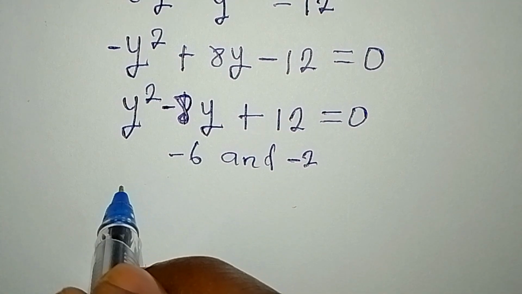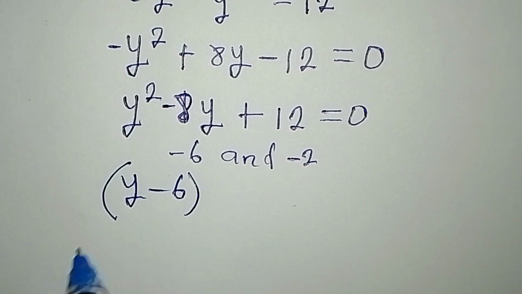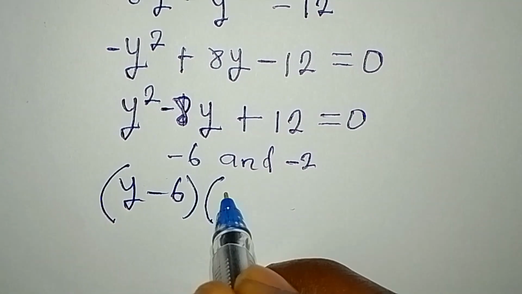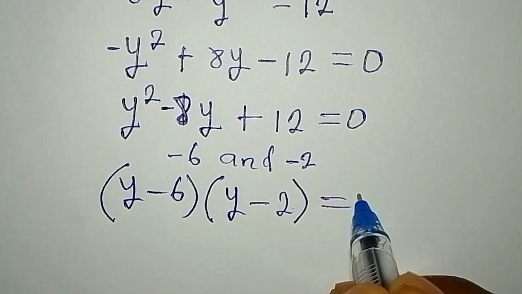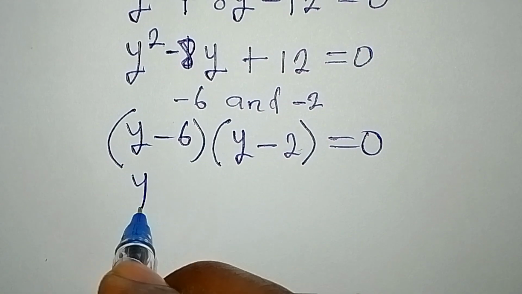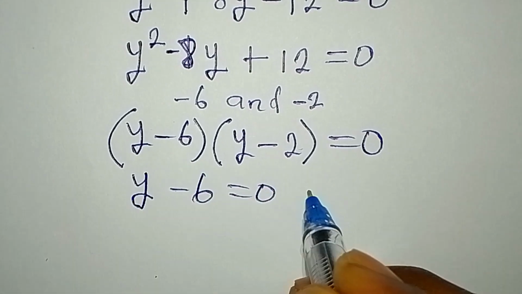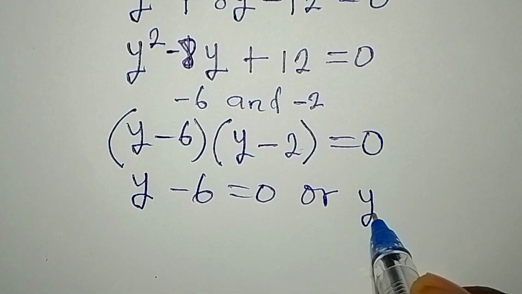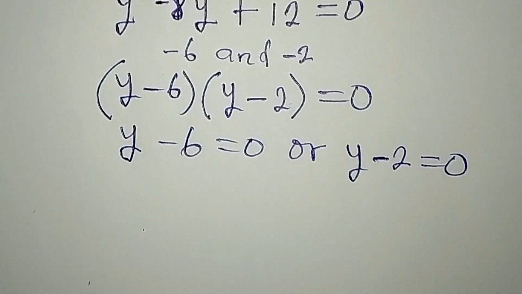So we're going to have y minus 6 as one of the factors. Then the next factor will be y minus 2. So we equate both of them to 0, meaning that it is either y minus 6 is equal to 0 or y minus 2 is equal to 0.